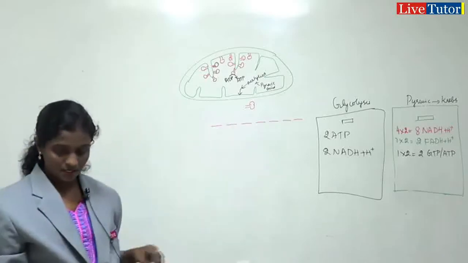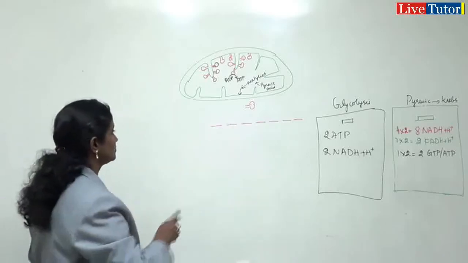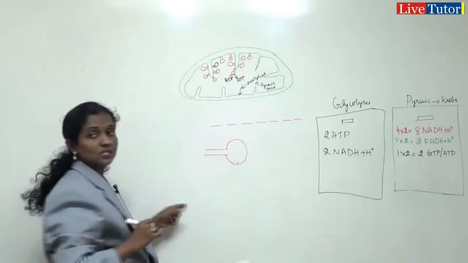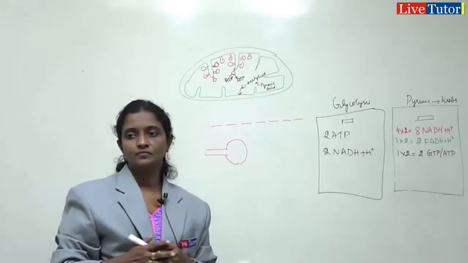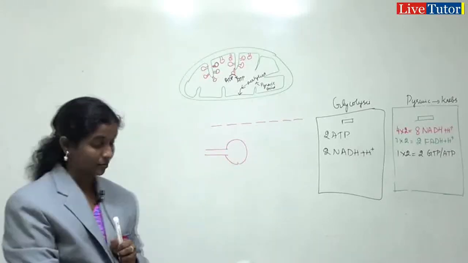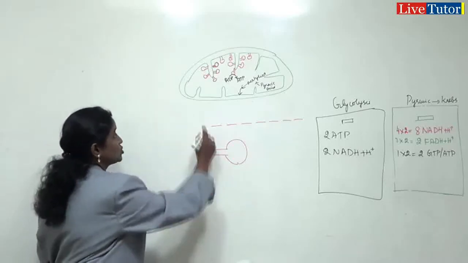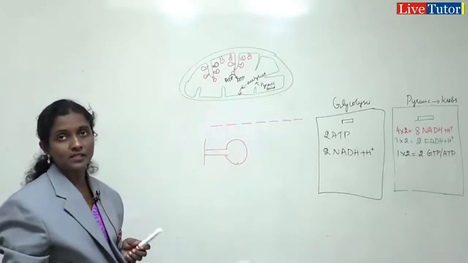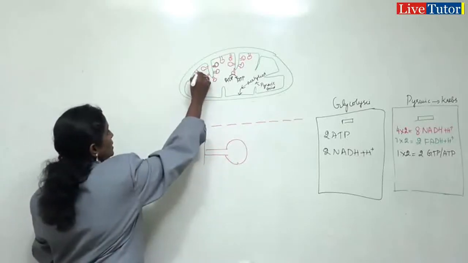What is this stalk and knob called? In the inner membrane we have the stalk, and I'm zooming into one of them. It should be throughout, not only on one side. So don't assume it is present only on one side.